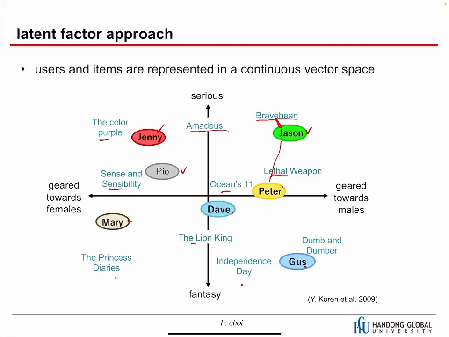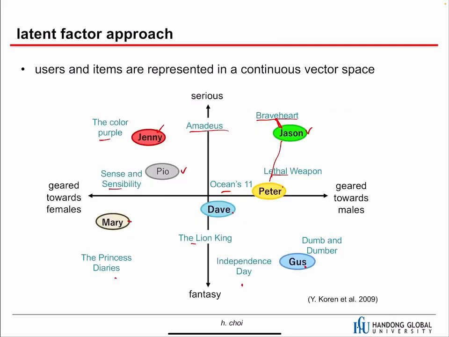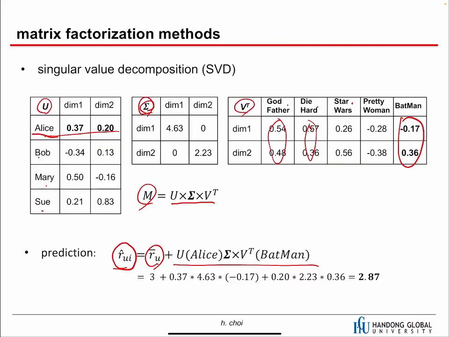In the previous slide, let's say item 5 is Batman, so this one is a question mark, and we want to know what kind of number would be in this cell. This is an empty cell, so we want to know that.